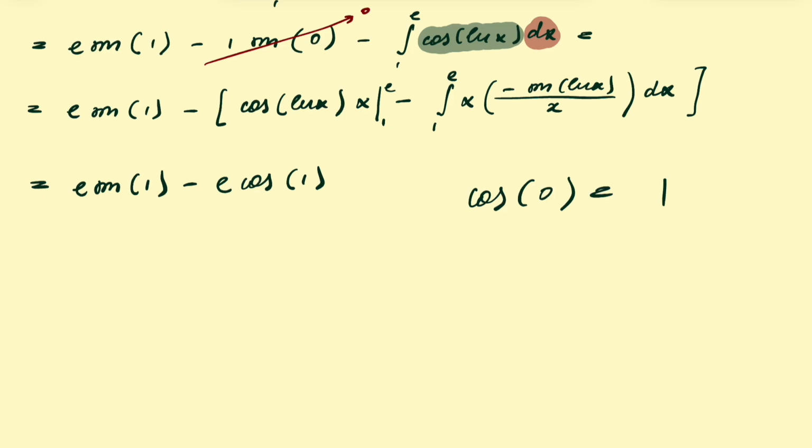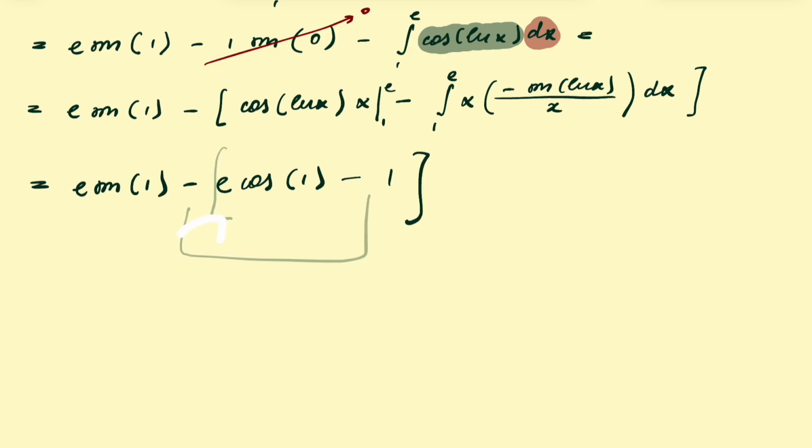So we have 1 here, the lower limit for this one. Inside the brackets it would be minus 1 times cosine of 0, which is 1, so just minus 1, and minus minus turns into plus, so I'm directly writing plus here. It's plus 1. I was talking about this minus here.